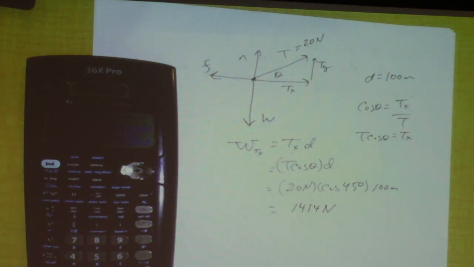All right, excellent. Square root of 2 over 2 is what it is. All right, good. So that's the work done by the tension, and it's completely in the x direction. It's not speeding up, so friction must be doing the same amount of work, just negative, because friction's in the opposite direction. Great. Any questions about that one? All right.